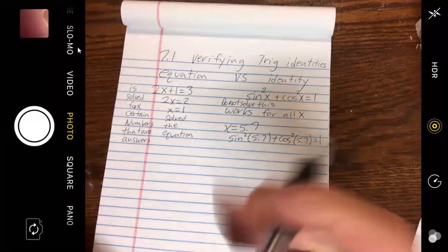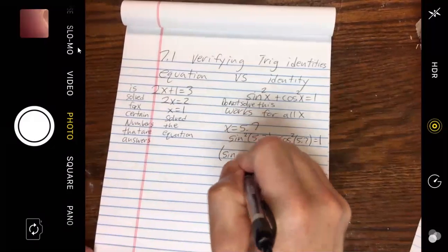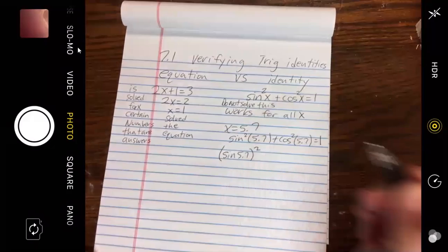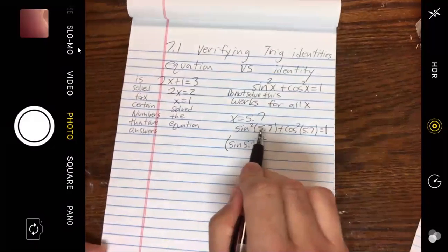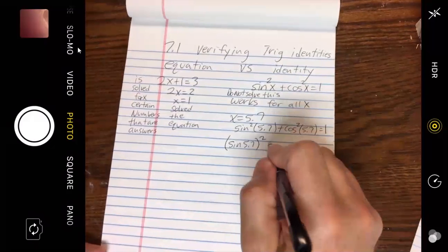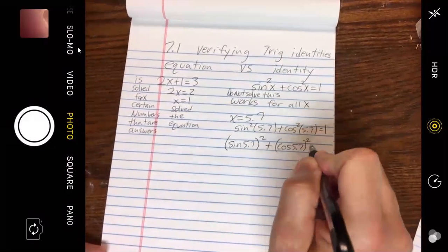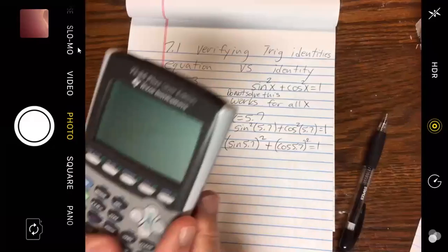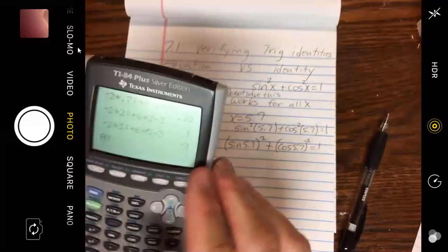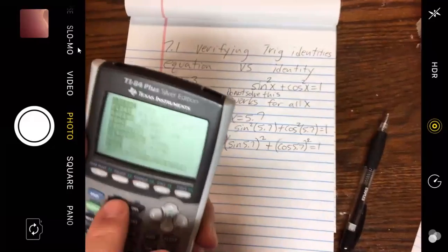Now, when you actually punch this in, you have to punch it like this, not like this: a sine of 5.7, squared, plus a cosine of 5.7, squared, equals 1. I am in radian mode.